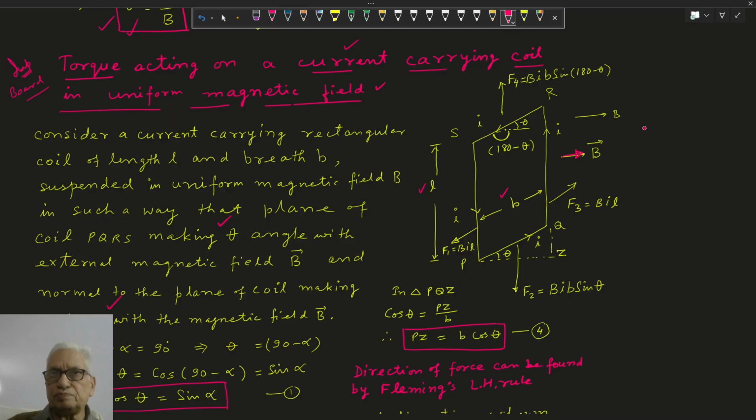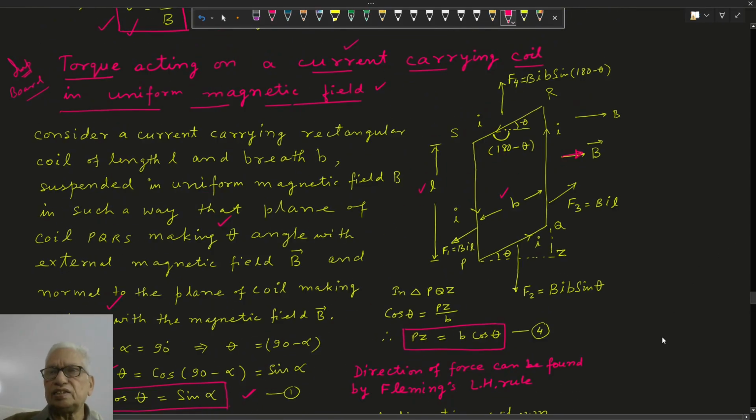So theta plus alpha is 90 degrees. This is the magnetic field, theta angle with the plane, alpha with the normal. So theta plus alpha should be 90, so theta will be 90 minus alpha. Cos theta will be cos of 90 minus alpha, which means sin alpha. This way the relation between theta and alpha is given by cos theta is equal to sin alpha.